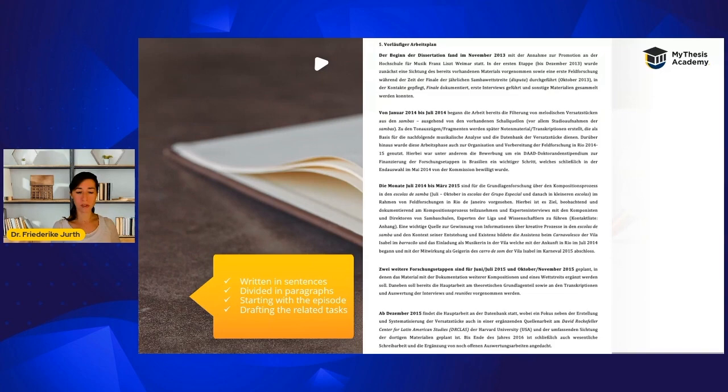This is also a possibility. Once more, this is a little bit up to you, up to the form that you would like to use, and for sure also up to your supervisor and to the requirements of your university. Some will leave it up to you, and others will demand a certain format.